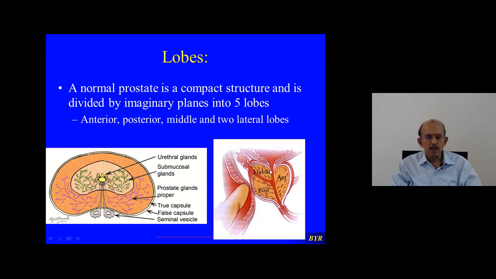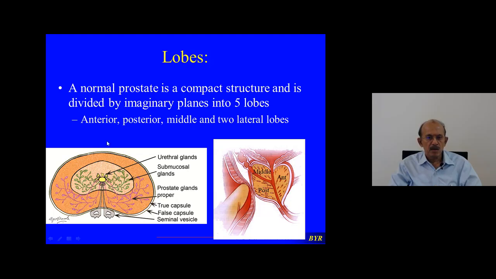That part of the prostate gland situated above the ejaculatory duct is called the middle lobe, and that part of the gland situated behind the ejaculatory duct and behind the prostatic urethra is called the posterior lobe. So now we have seen 3 lobes: anterior, middle, and posterior lobes.